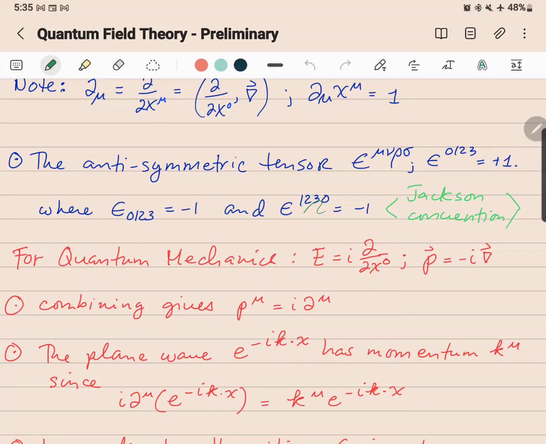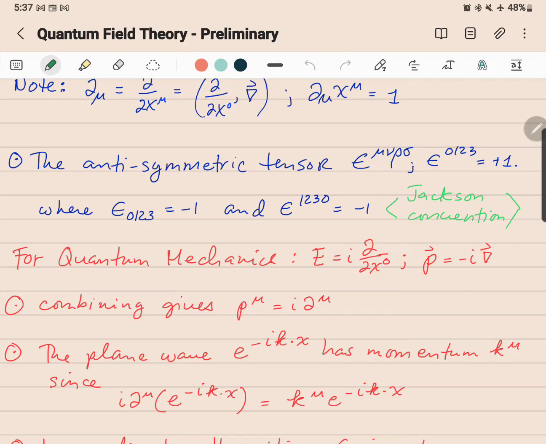And when the cycle is this, if you put the 0 back at the back of the 3, that's another cycle. It becomes a negative 1. This is, by the way, the Jackson convention of this antisymmetric tensor. And if you see indices repeating, at least 2 indices repeating, that would be equal to 0.